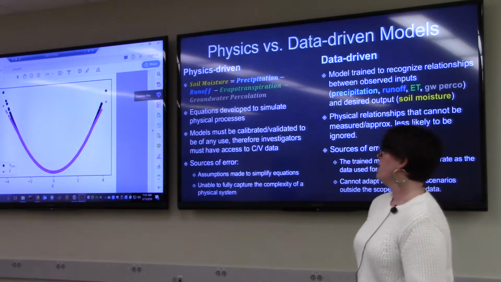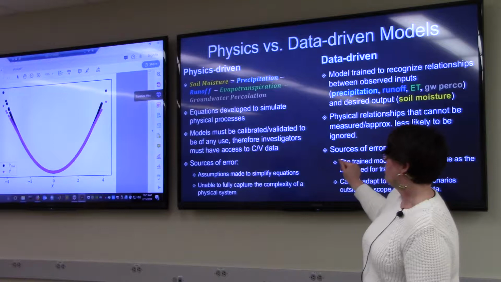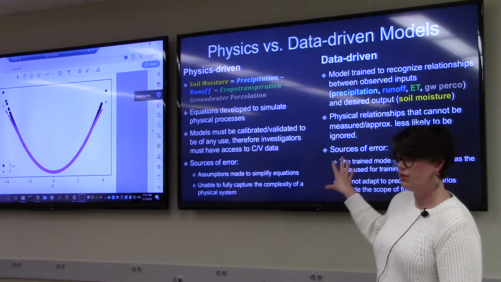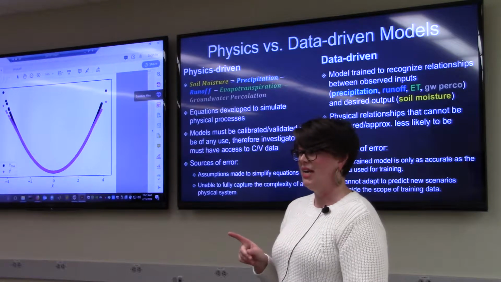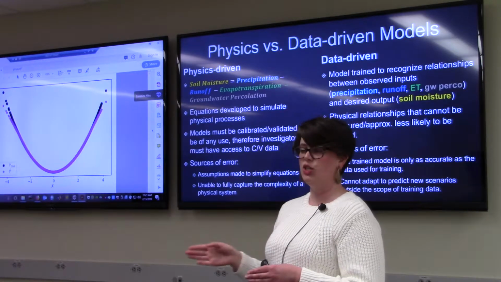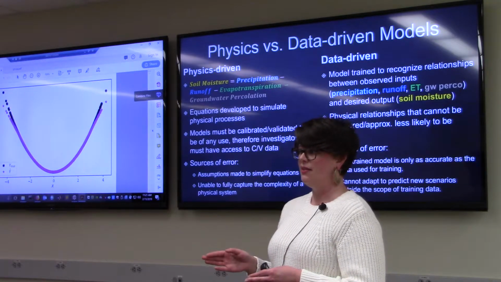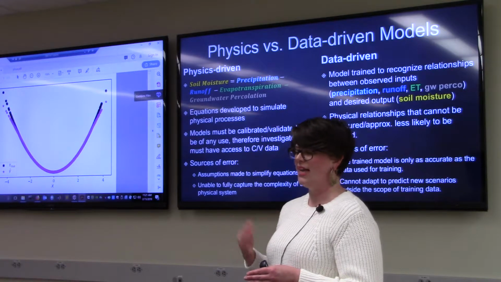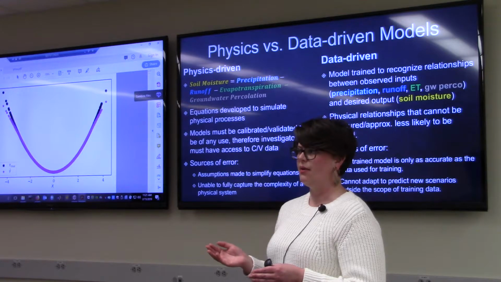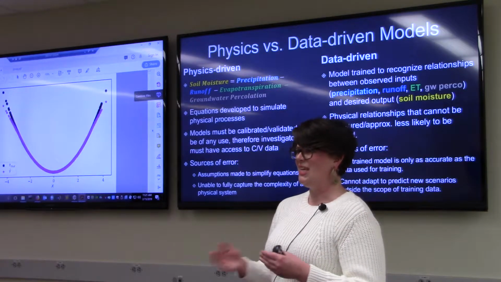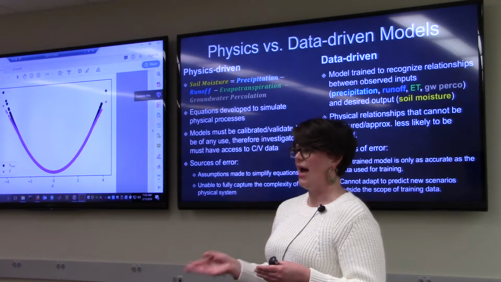So that's a little bit of an overview of some of the primary differences between physics-based and data-driven modeling. Some of the advantages I want to drive home with data-driven modeling is that once you have a trained model, it's very computationally cheap to run, and it takes off the obligation of the user to have calibration data, right? All the user needs is the input data, and they should be able to make very accurate predictions.